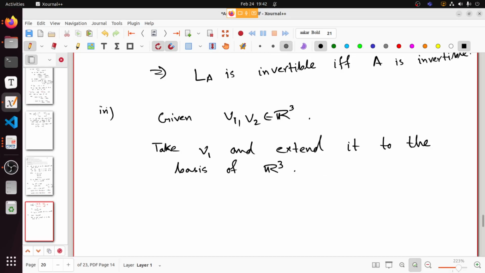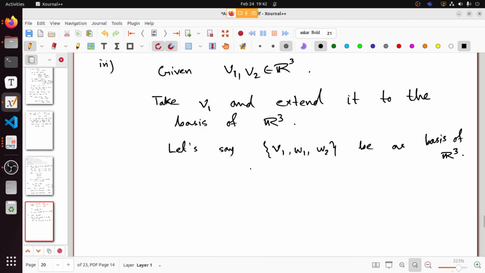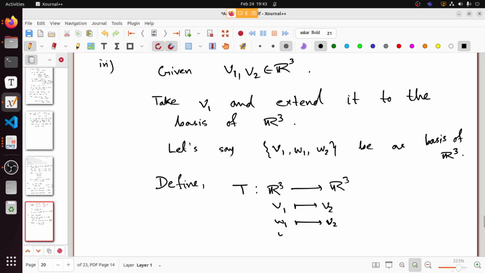So let's say v1, w1, w2 be a basis of R3. Now we have to define a linear transformation. It will be enough to define it on the basis, right? So define T from R3 to R3. How will you define it? Just map v1 to v2 and all others you can map to the same, right? w1 goes to v2, w2 goes to v2.